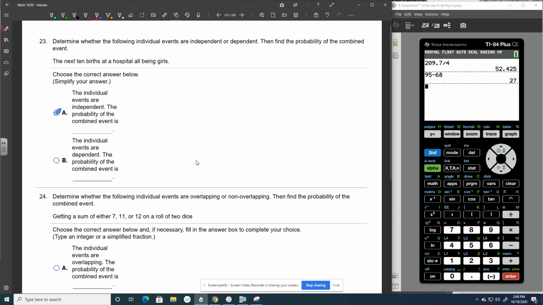What's the probability of having 10 girls in a row? Well, the chance of having one girl is 1 over 2, and then another girl is also 1 over 2, and so on. Every girl is 1 over 2: 1, 2, 3, 4, 5, 6, 7, 8, 9, 10.